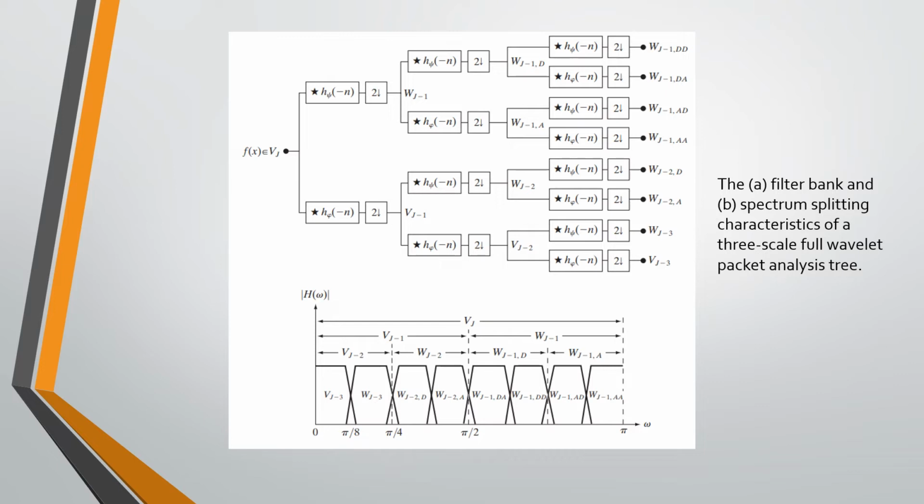Now we see the three-scale filter bank. f(x) belongs to V_j, and h_psi(-n) with decimation by 2 gives rise to W_(j-1). These are subdivided into two, and it goes on, subdividing into two parts until they reach W_(j-1,DD), W_(j-1,DA), W_(j-1,AD), W_(j-1,AA). Now h_phi(-n) with decimation by 2 gives rise to V_(j-1). That goes on in two steps, and finally gives W_(j-2,D), W_(j-2,A), W_(j-3), V_(j-3).